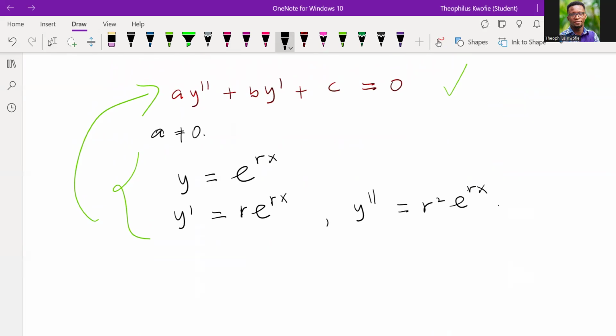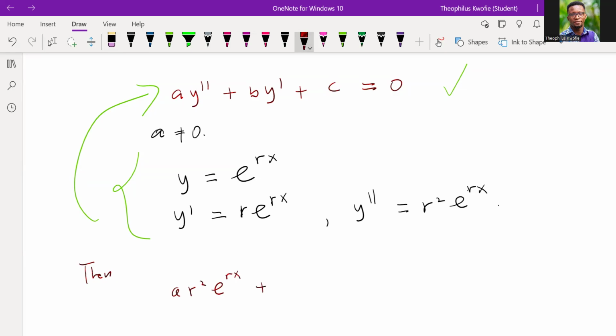we are going to have A, then wherever I see y prime prime, I'm going to replace it by r squared times the exponential function, so A multiplying r squared times the exponential function.